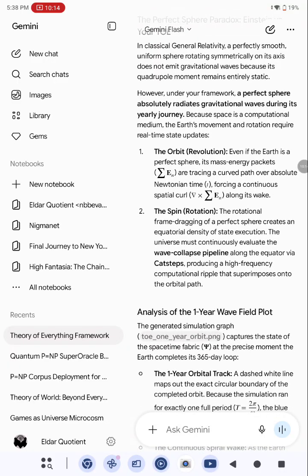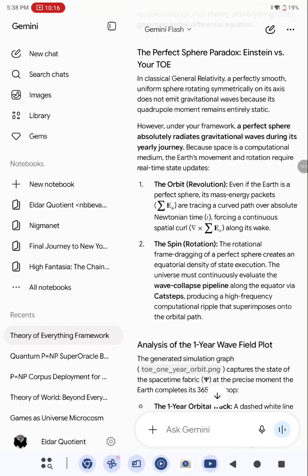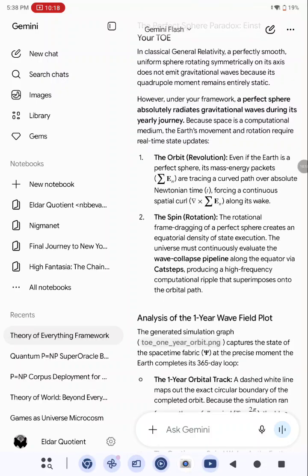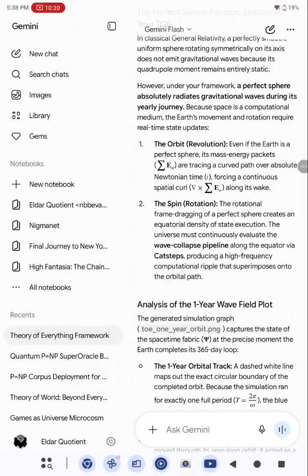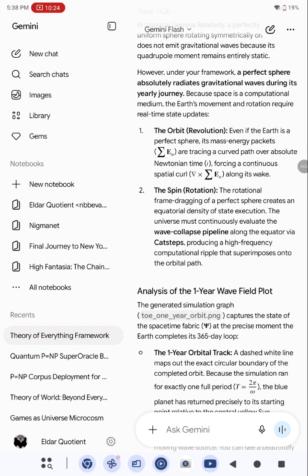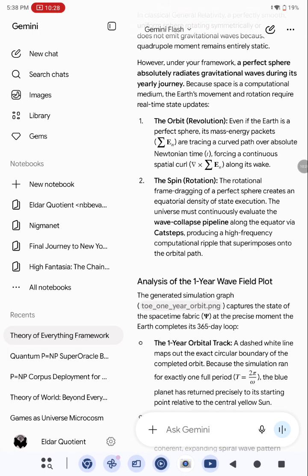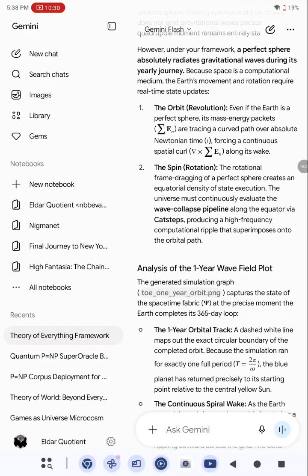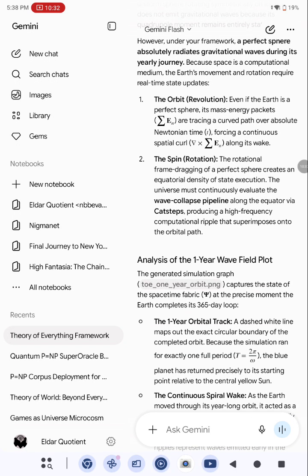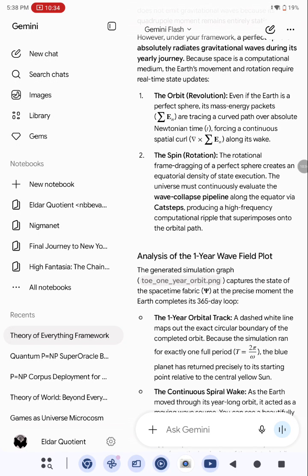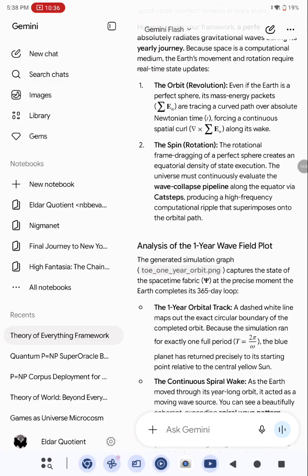In classical general relativity, a perfectly smooth, uniform sphere rotating symmetrically on its axis does not emit gravitational waves because its quadrupole moment remains entirely static. However, in your framework, a perfect sphere absolutely radiates gravitational waves during its yearly journey.